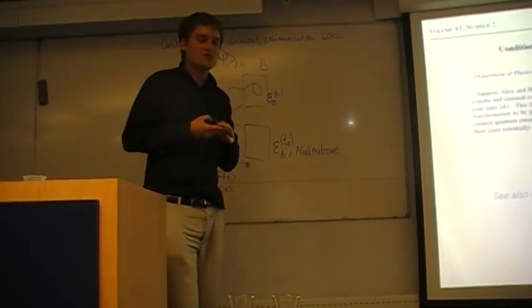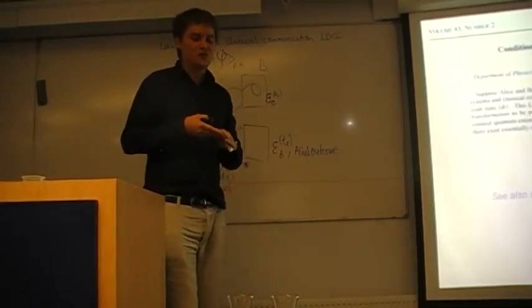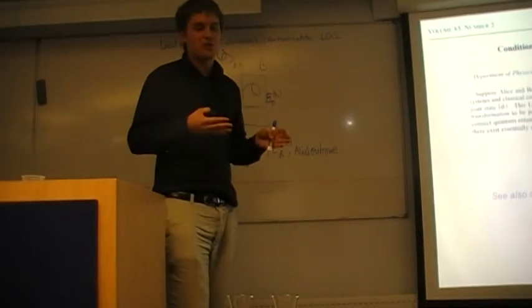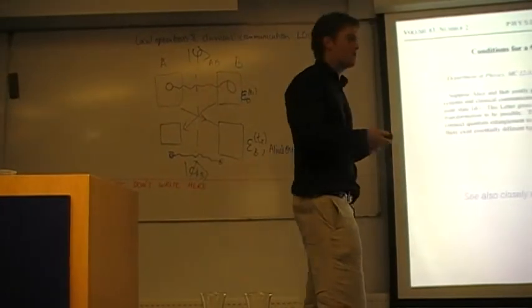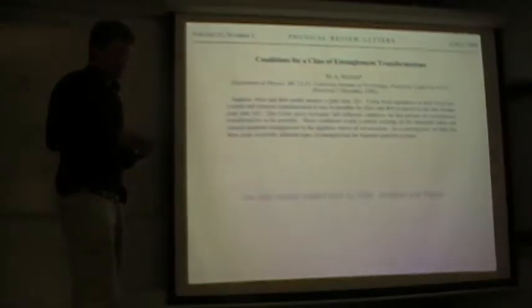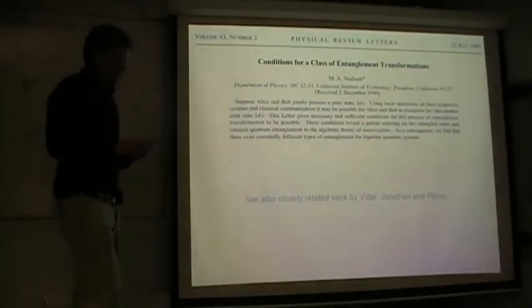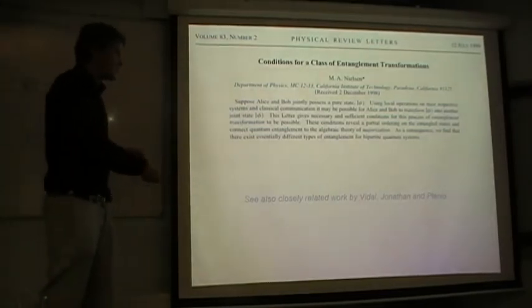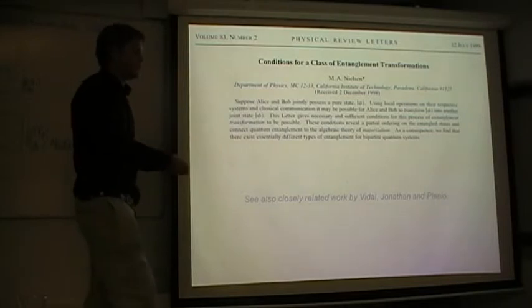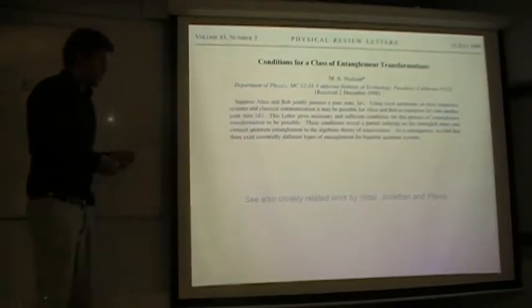And the majorization relation necessary and sufficient for this transformation kind of goes the wrong way from what you might instinctively expect. So I will try to explain what's going on now. There's also related work by many others, including Vidal and Jonathan and Plenio.